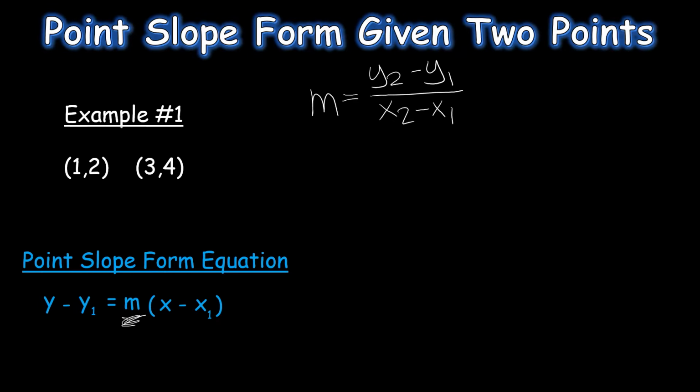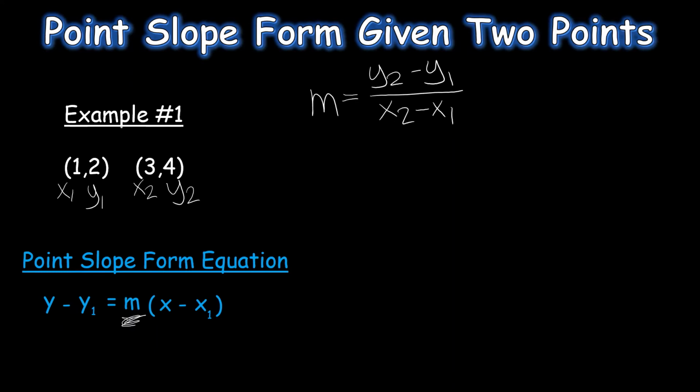To figure out what values to plug in here, we look at our given points and we label them. So 1 is our first x value, so we label it as x sub 1. 2 is our first y value, so that'll be y sub 1. 3 is our second x value, so that will be x sub 2. And 4 is our second y value, so that's y sub 2.